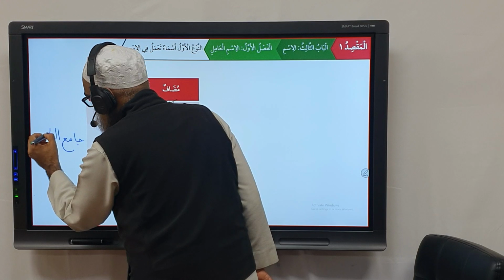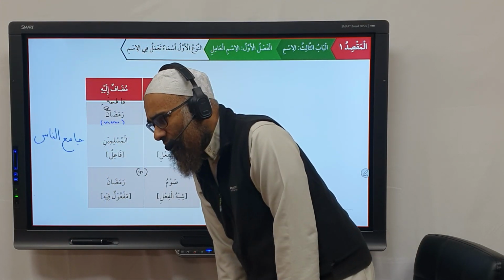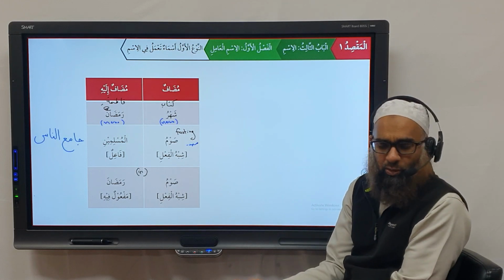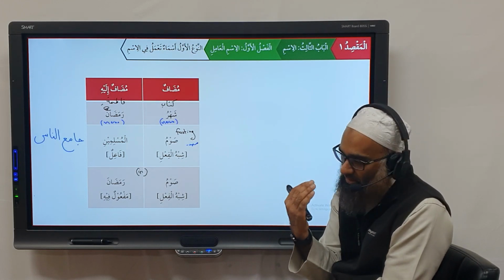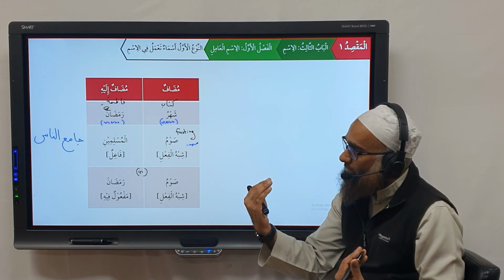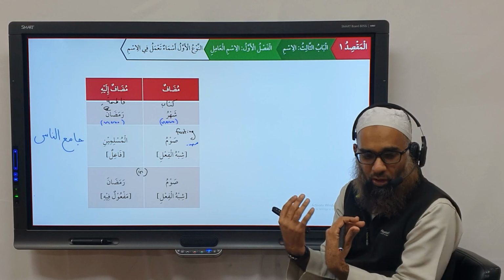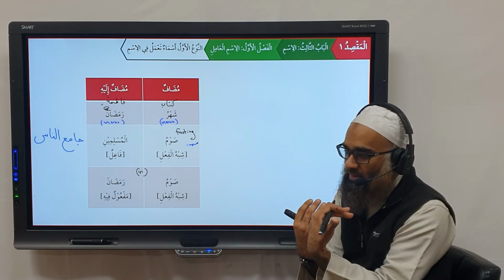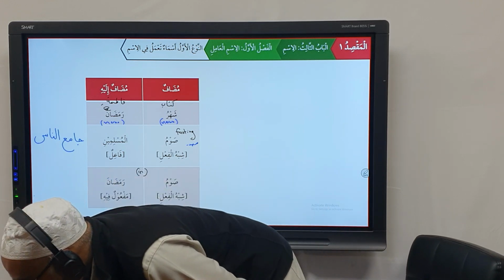So when you have Jami'un Nas, it's mudaf ilayh. But it is not like Kitabul Rajuli, where the Nas own the Jami'. Jami' is not something to own. That's the ismul fa'il in the meaning of a verb. You see the differences between the two mudaf ilayh? So in the bottom two, we'll find that it's not ownership or attribution. It is what we mentioned as ismul amil.